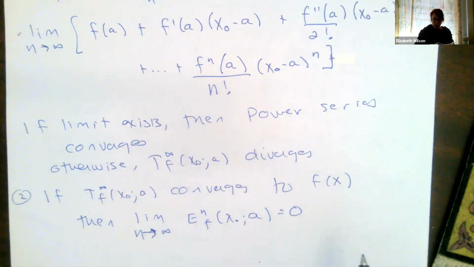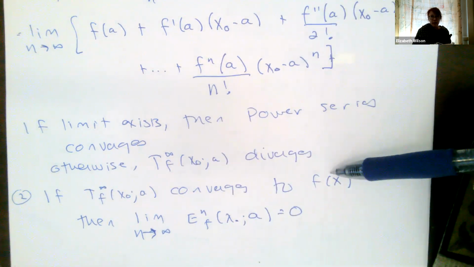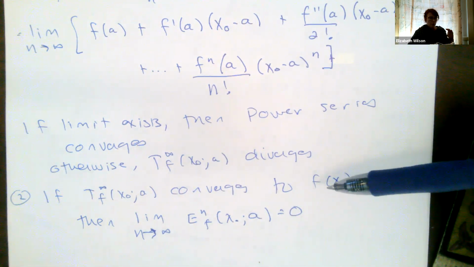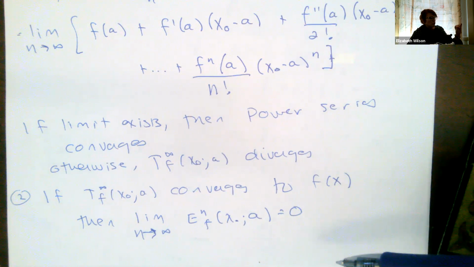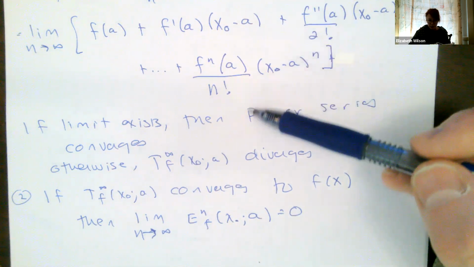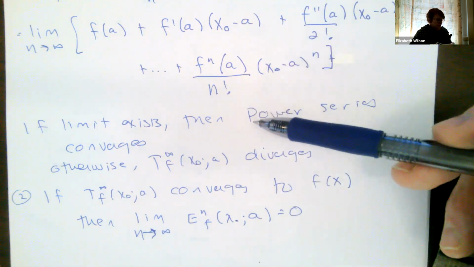If this power series converges to a function, the error goes to 0. It makes sense, because if we say that our power series equals our function, there's no difference between the power series and the function. The error is just going to go right to 0. So this is what we're thinking of right here.